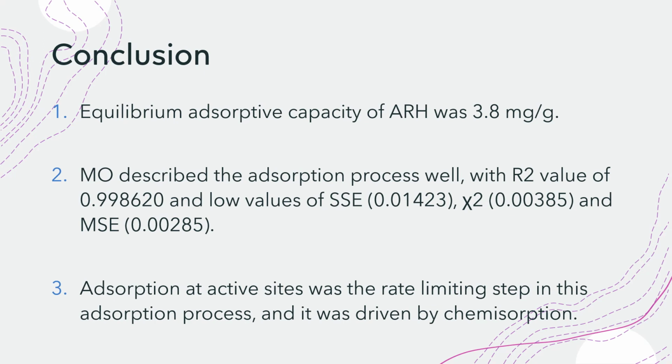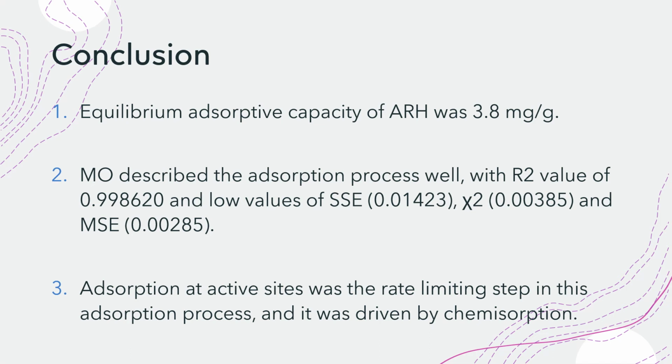So as conclusion, activated rice husk produced in this study removed ammonia by absorption, and the equilibrium absorptive capacity was 3.8 mg per gram. Mixed model describes the absorption process very well with R-square value more than 0.99 and low SSE, chi-square and MSE value.